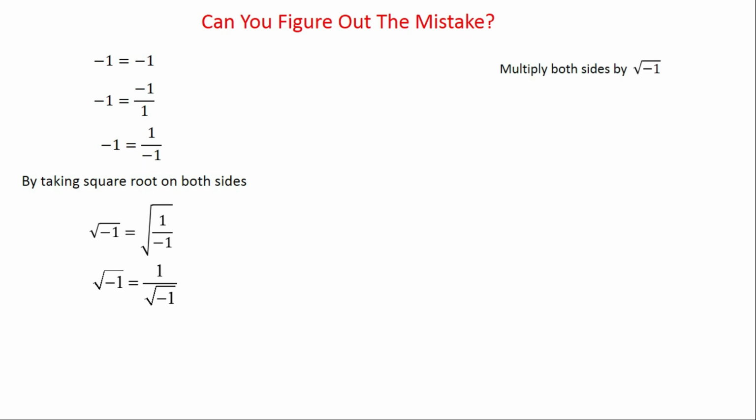Then by multiplying both sides by -1, we have this expression, and if we divide square root of -1 with square root of -1, we have this last expression which says square root of -1 is equal to 1. Since taking square and square root are anti-processes of each other, they can cancel each other, and hence we will reach this result which says -1 is equal to 1.